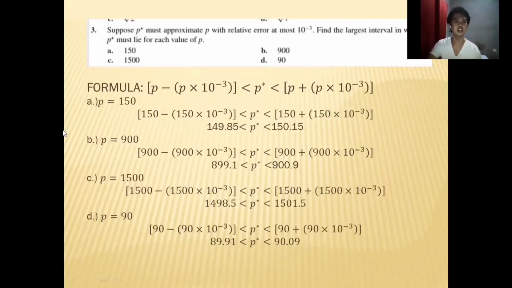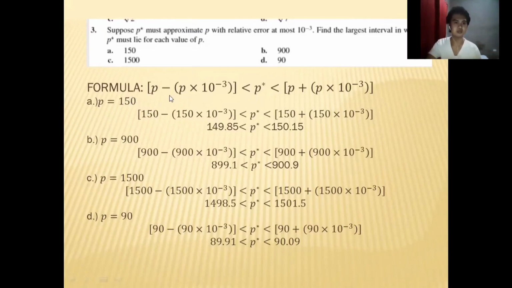And problem number 3: suppose p asterisk must approximate p with relative error at most 10 raised to negative 3. Find the largest interval in which p asterisk must lie for each value of p. We have the values of p: 150, 900, 1500, and 90. In letter A, p equals 150.